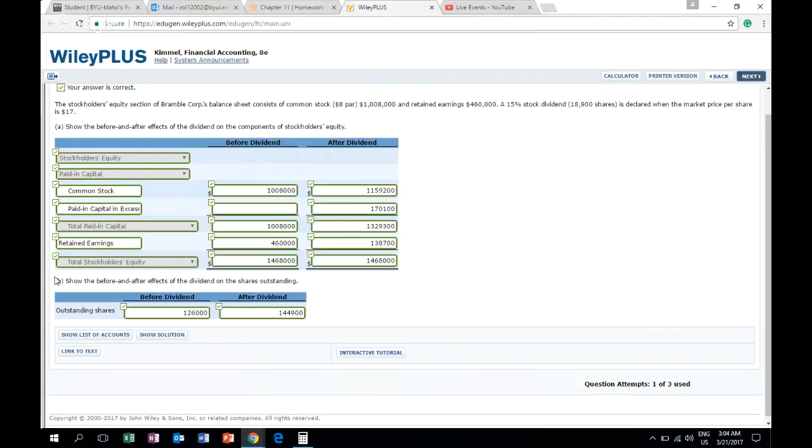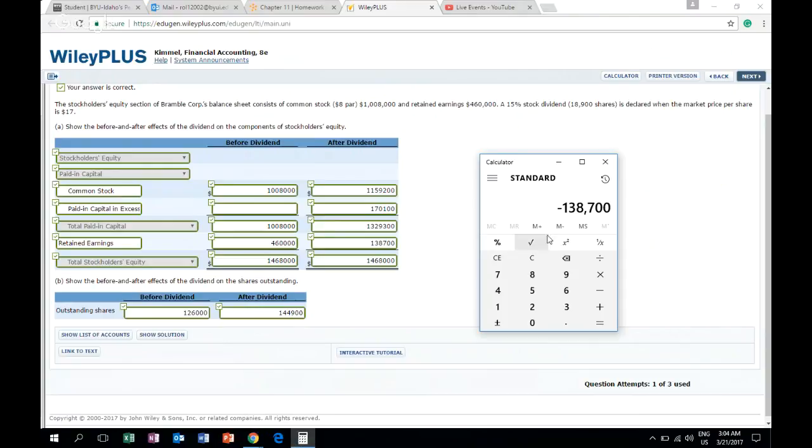Now, lastly, for part B, it wants us to show the before and after effects of the dividend on the shares outstanding. Now, we've basically already done this. The very first step, we found this 126,000. So just doing it real quick again, you're taking my 18,900, which is given, dividing it by the 0.15.